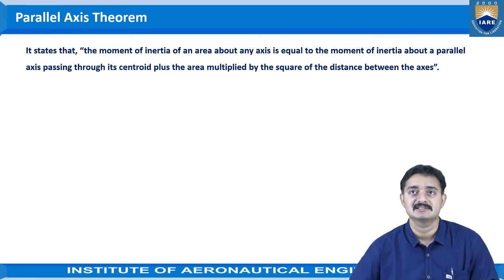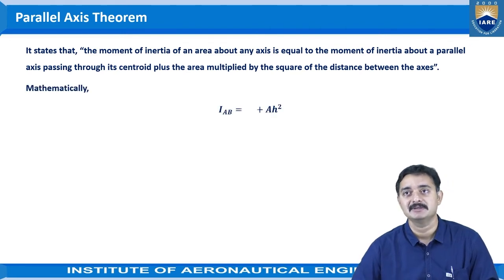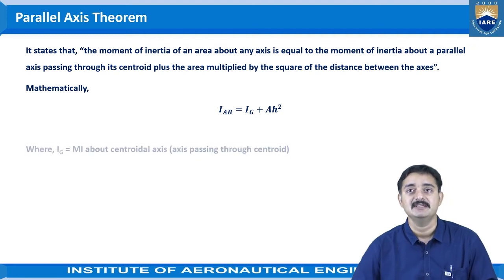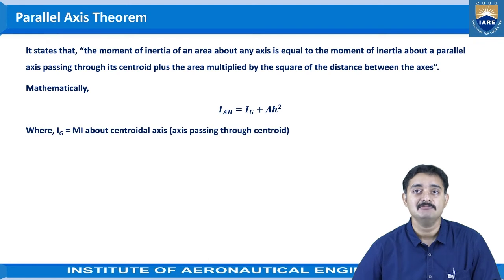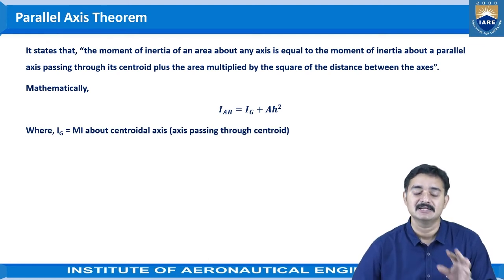So the statement says that the moment of inertia of an area about any axis is equal to the moment of inertia about a parallel axis passing through its centroid plus the area multiplied by the square of the distance between the axes. So mathematically, it can be represented as IAB equal to IG plus AH square, where IG is the moment of inertia about the centroidal axis passing through the centroid of the given object.